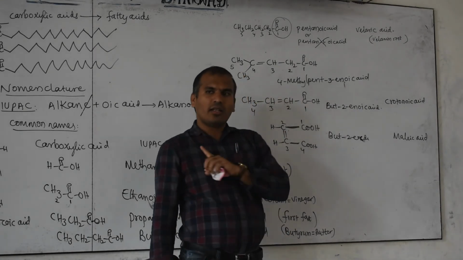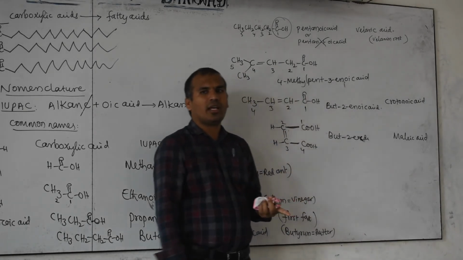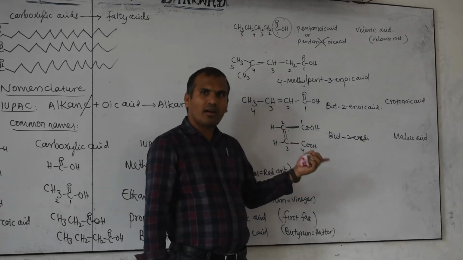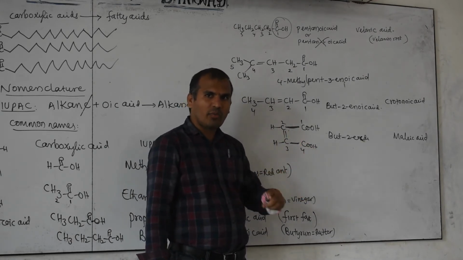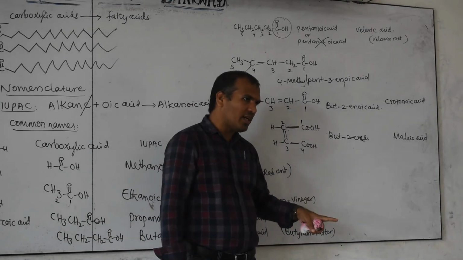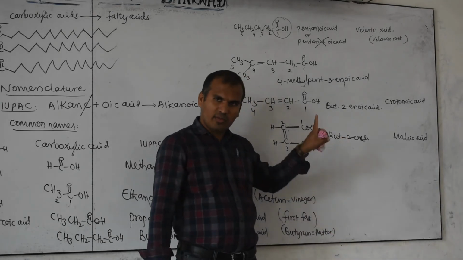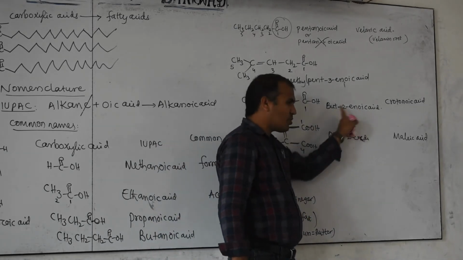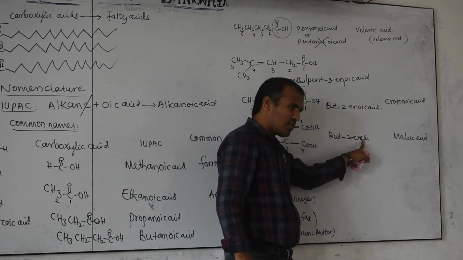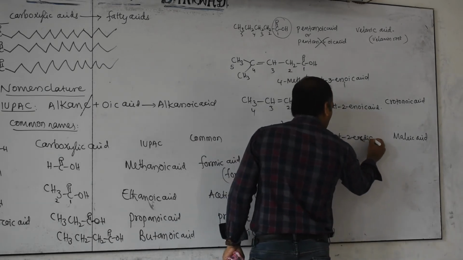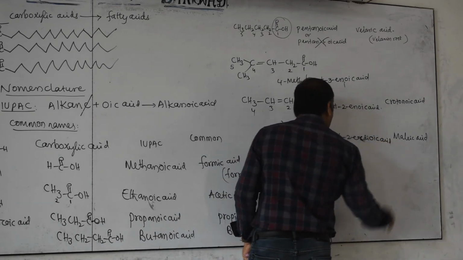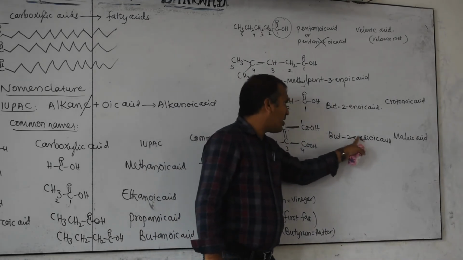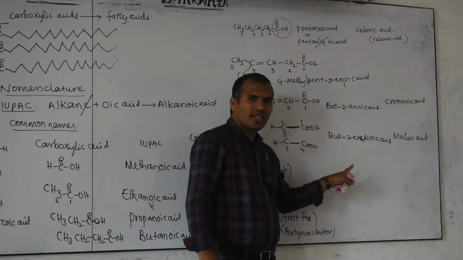As in the alcohol chapter, when polyhydroxy, polyaldehyde or polycarboxylic acid, when the group is repeated more than one time, the E will be retained and should not be removed. So it is butenedioic acid. What is the small difference observed here? Here di is there and E is there, whereas in but-2-enoic acid it is different.